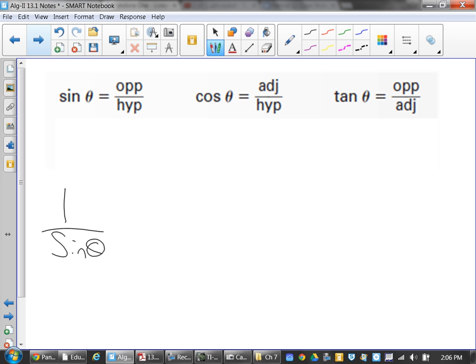Well, if sine is opposite over hypotenuse, this means you get 1 divided by opposite over hypotenuse. And now it starts to look like one of those complex fractions. But rewrite it horizontally. You get the same thing as 1 divided by opposite over hypotenuse. Now it doesn't look so ugly, right?